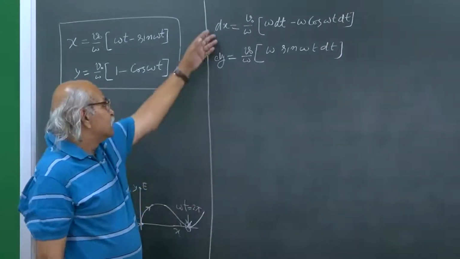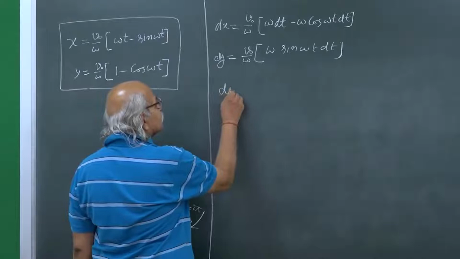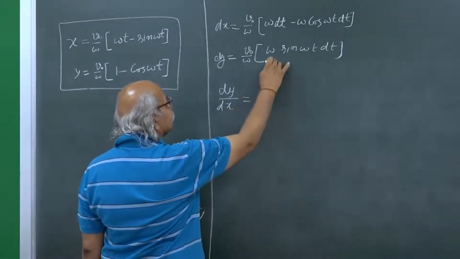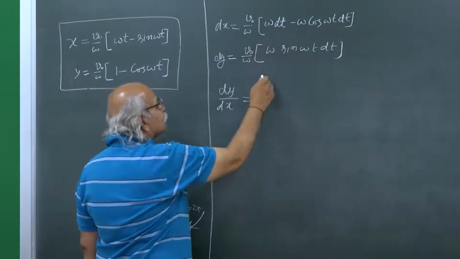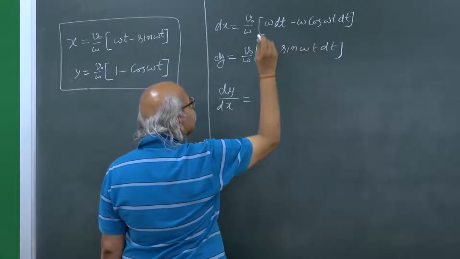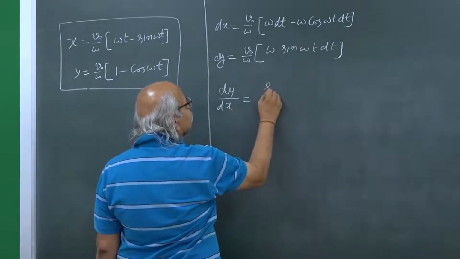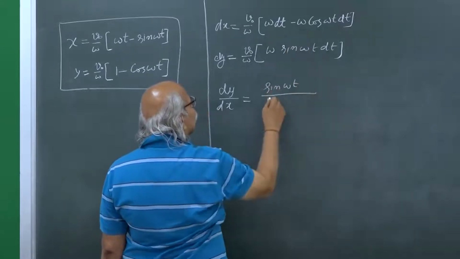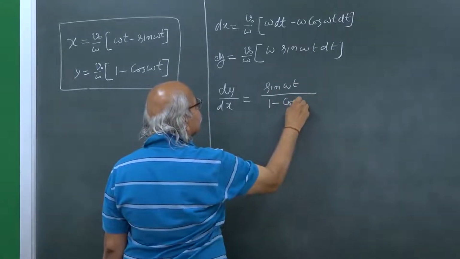So, dy/dx: dy is here, dx is here, and therefore this V naught by omega cancels out, this omega cancels out, dt cancels out. So, it is sine omega t divided by 1 minus cos omega t.